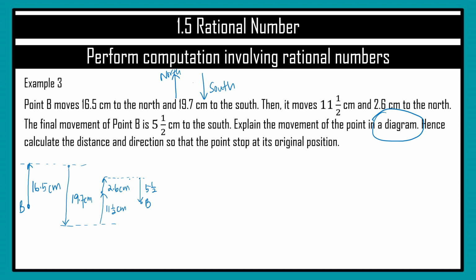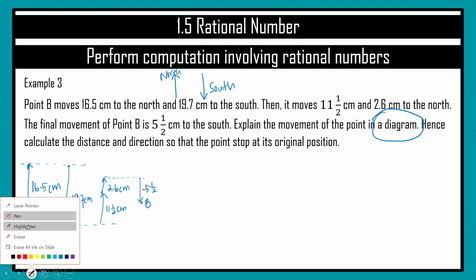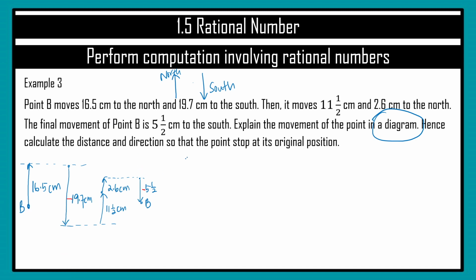So I'm going to assume that the north is a positive direction and the south is the negative direction. Now I'm going to add a negative sign for any movements going towards the south, and I'm going to leave the numbers going to the north as positive numbers. Now if I want to know the distance, I need to total up the movements.